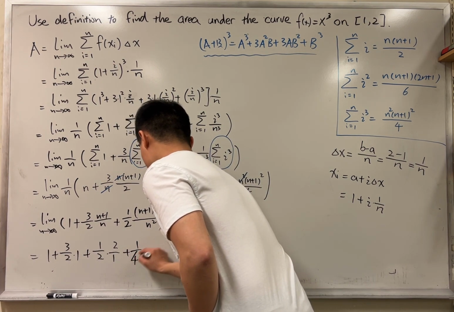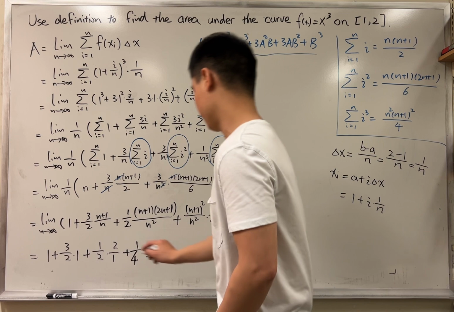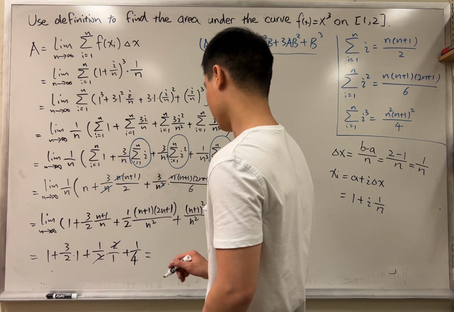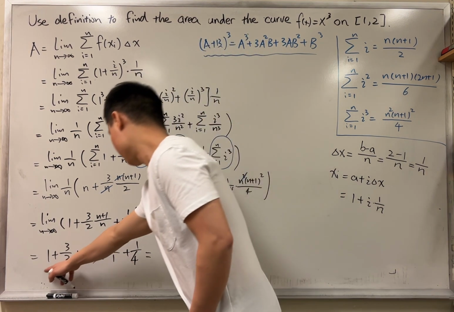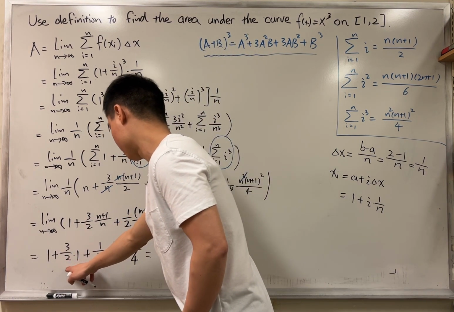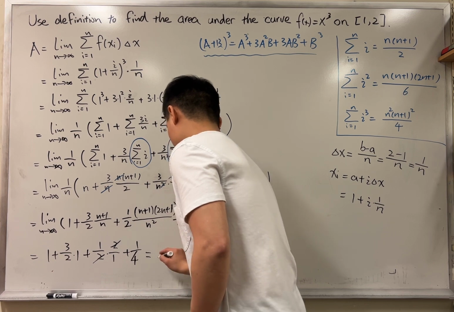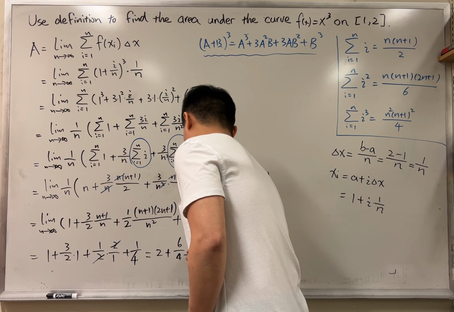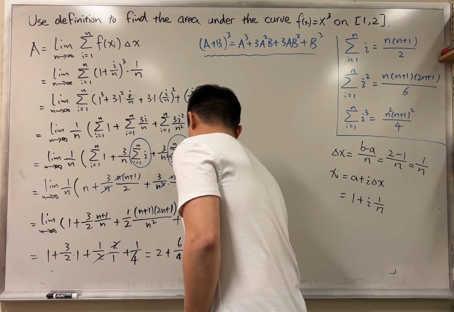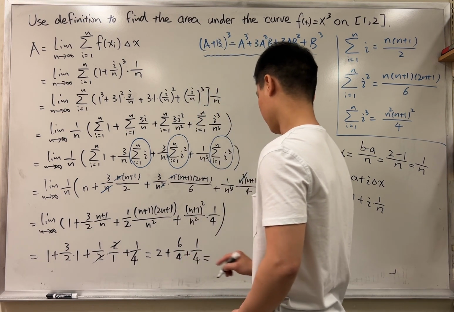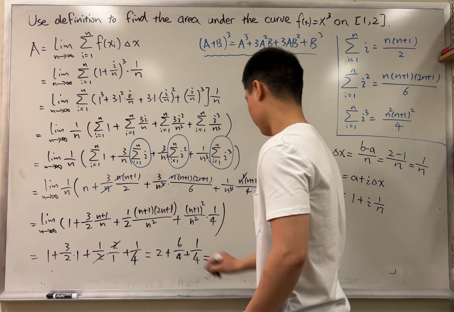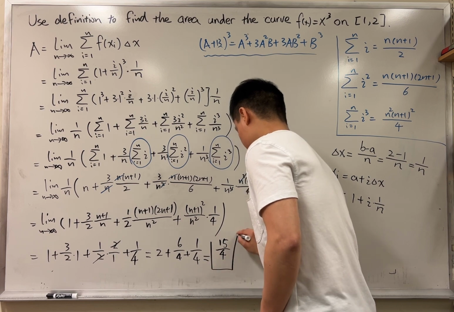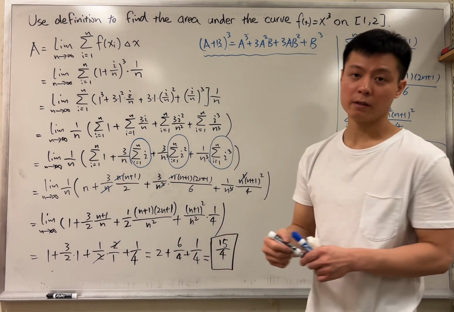Calculating all the computation here takes us to 2 plus 6 over 4 plus 1 over 4, which is going to be 8 plus 7, so 15 over 4 as our final answer.